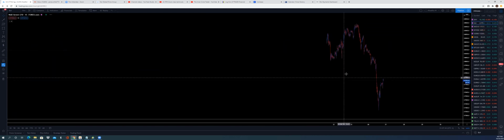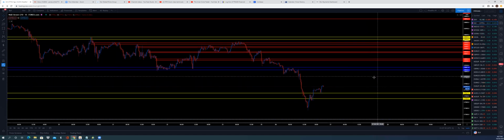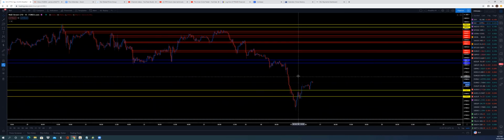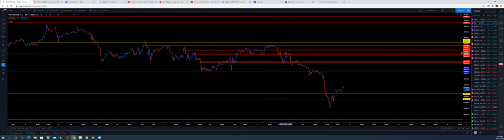Moving on to U30. Last week I told you guys that if U30 couldn't get back above 390, which is this price right here, this is the price where I initially sent the sell out last week. But as you can see the manipulation right here, this was our entry.